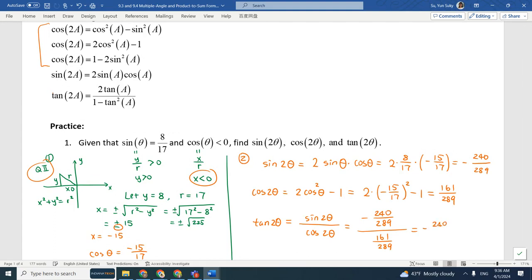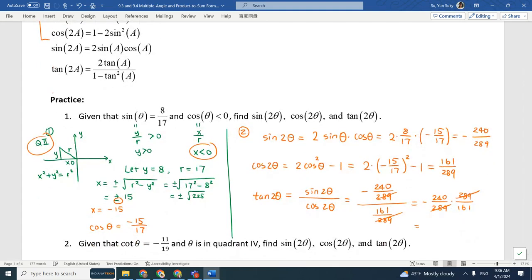Fraction in a fraction. When you divide by a number, it's the same as multiplying by its reciprocal. What is the reciprocal? Oh yes, you can also do that. You can cancel them, and then you get negative 240 over 161.